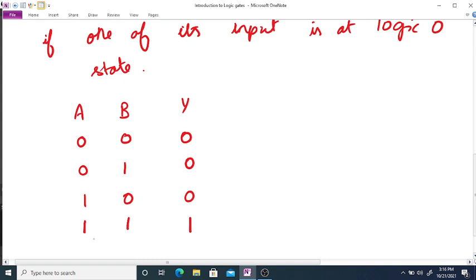So, here we can see that if both the inputs are 1, output will be 1, and if even one input is 0 or more than one input are 0, then output will be 0.